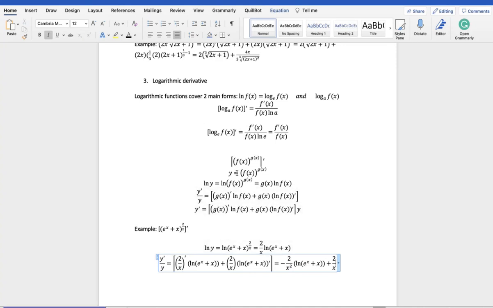If you go back to our original general form for the natural logarithm of some function f of x, that is just equal to f prime over f of x. So basically it's equal to the derivative of e to the x plus x, I'll just write that in the derivative form, divided by e to the x plus x.